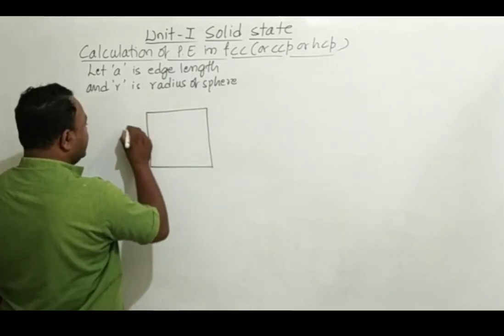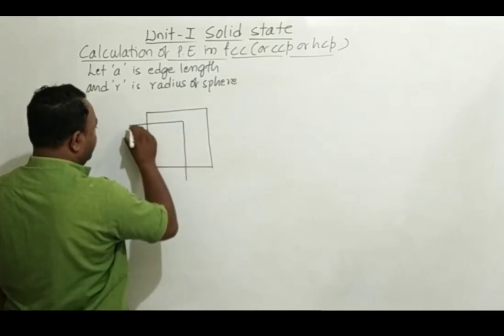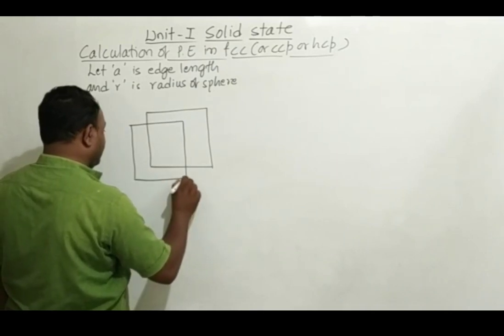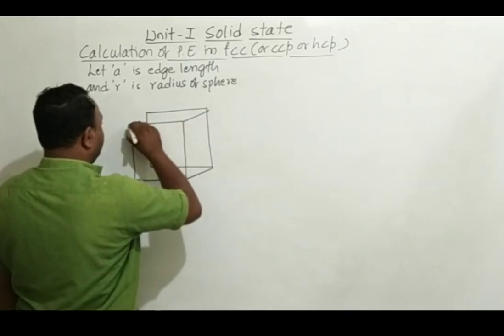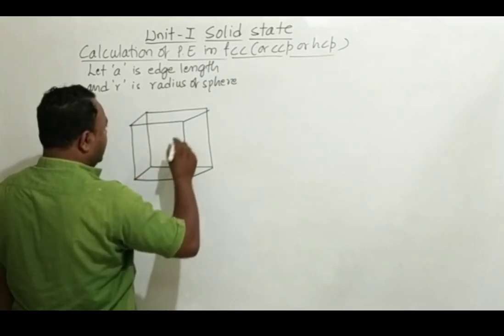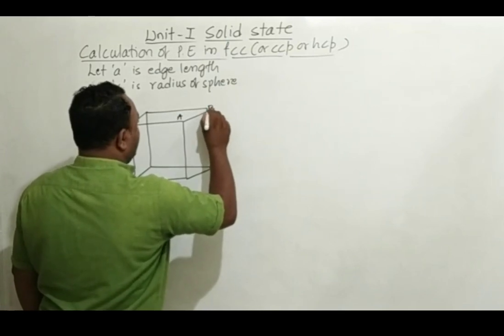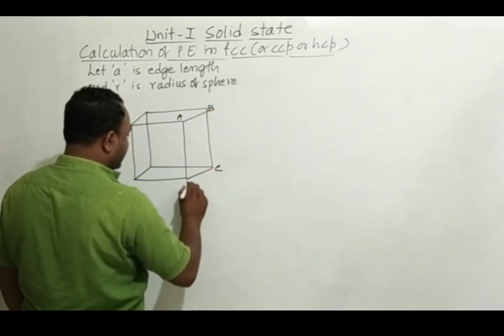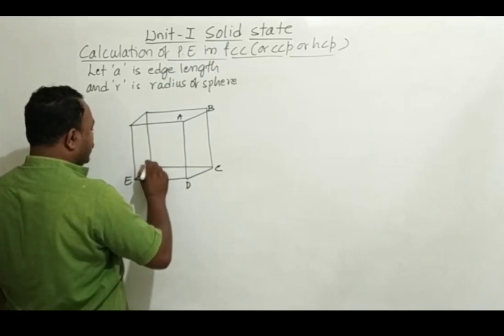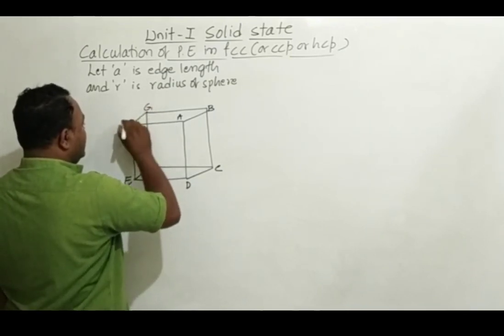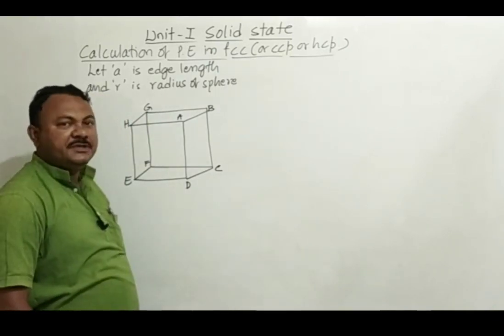So this is one FCC unit cell we are drawing. Label the corners. So this is the corner A, this is the corner B, C, D, E, and this is the corner F, G, H. We labeled the corners as A, B, C, D, E, F, G, H.